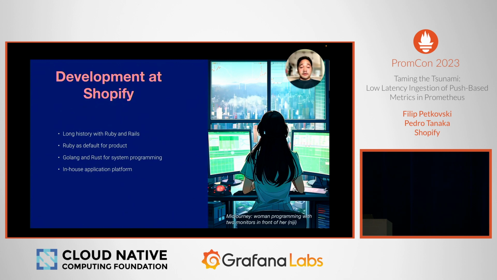We also use Ruby as default for all of our product development, and apart from that, we use Golang and Rust as system programming languages. We also have an in-house application platform where developers don't need to think about Kubernetes resources, but rather they think about what their application needs to work properly, like one web server, one job worker, and the application platform will take care of deploying the underlying Kubernetes resources.